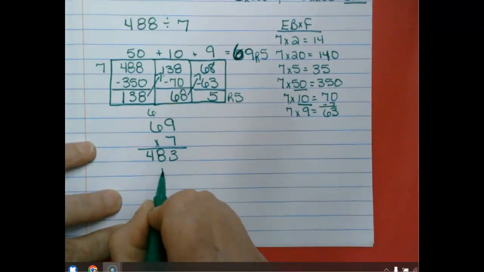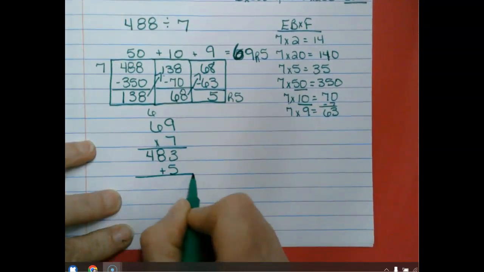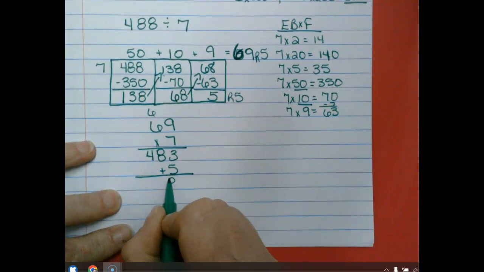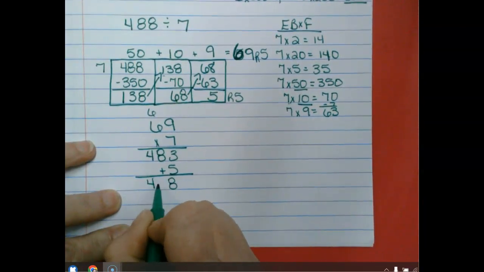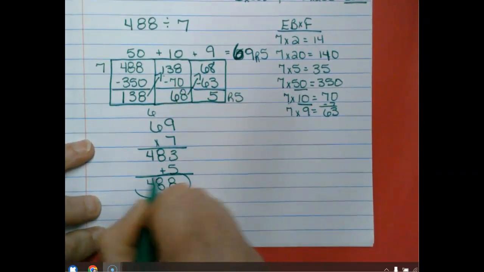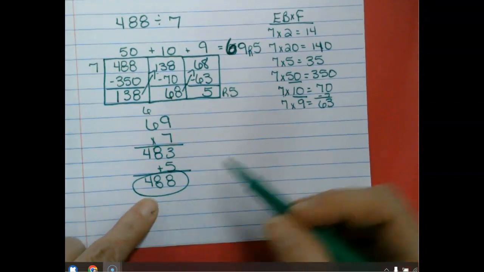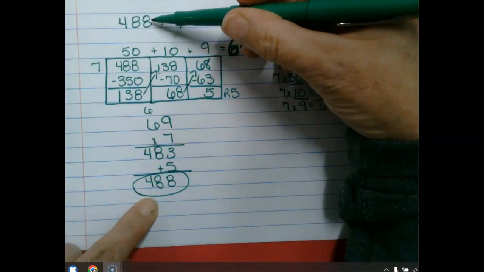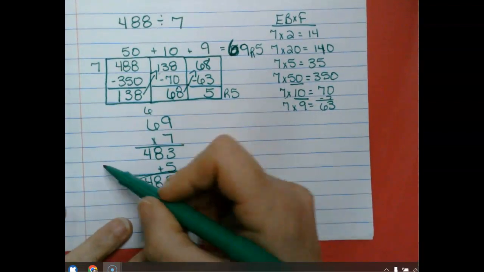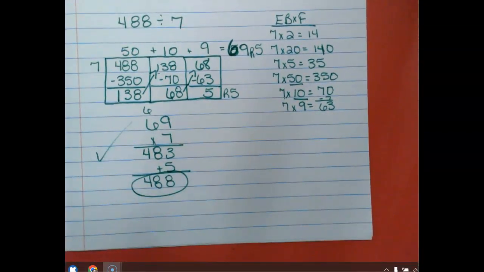And then I have to add back in my remainder of 5. So 3 plus 5 is 8. So 488 is my answer. 488 is my dividend. So I know that my problem is correct.